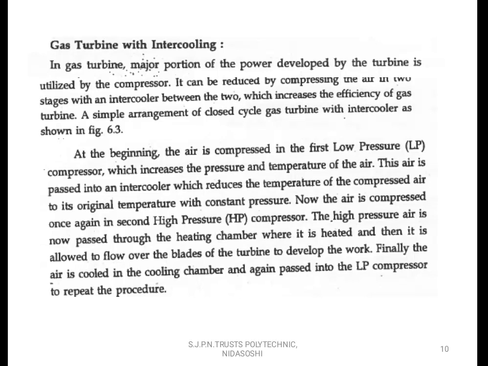This power loss can be reduced by compressing the air in two stages with an intercooler in between the two compressors, which increases the efficiency of the gas turbine by reducing the power loss.